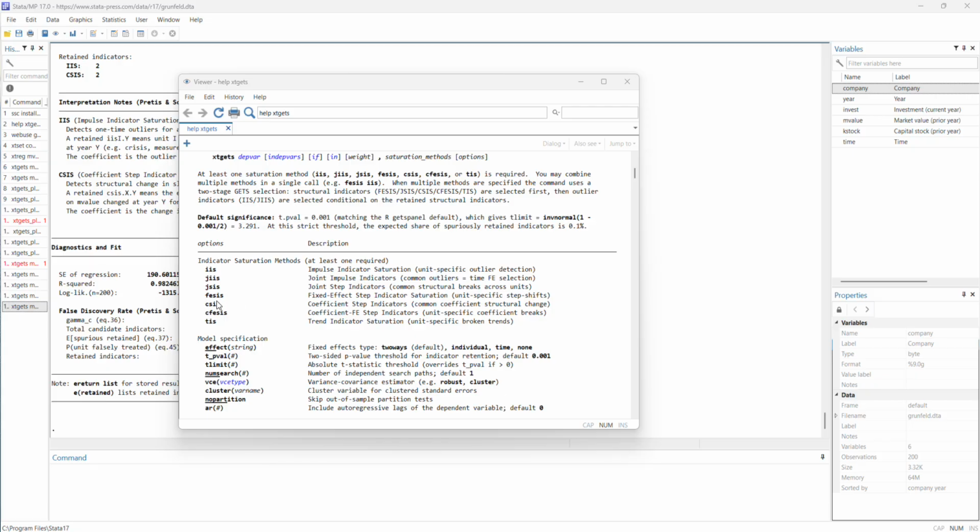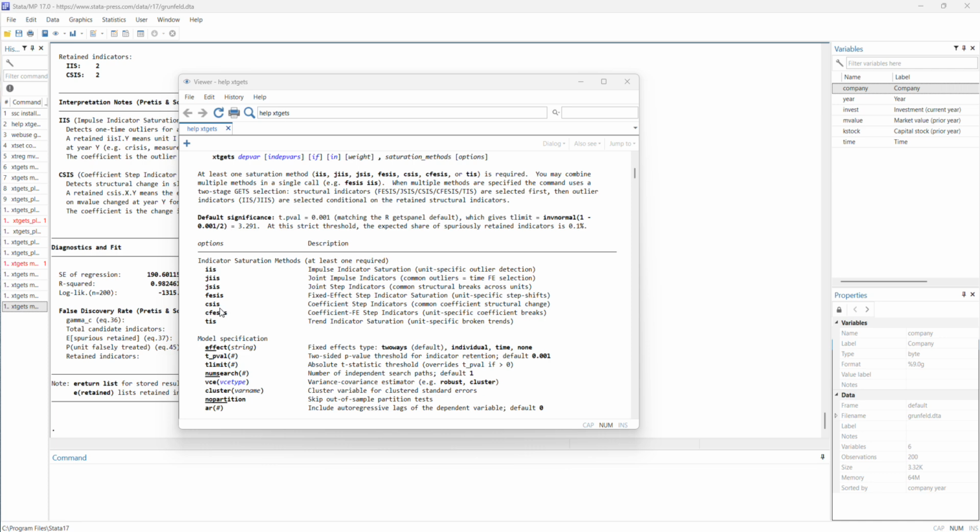And then there is FESIS, which is fixed effect step indicator saturation, where it looks at unit specific step shifts. It checks how the cross section and time interaction is different and significant, which is changing the intercept.